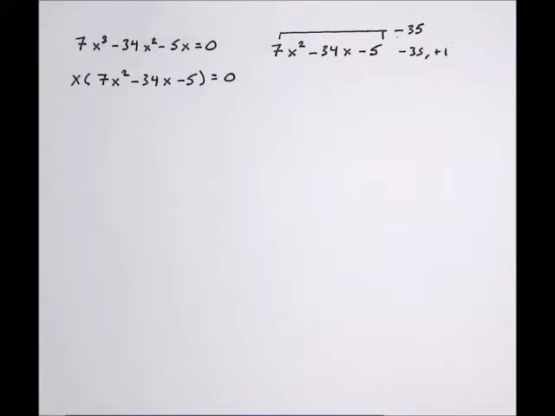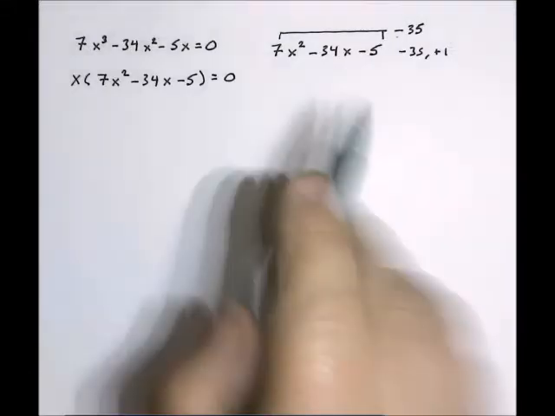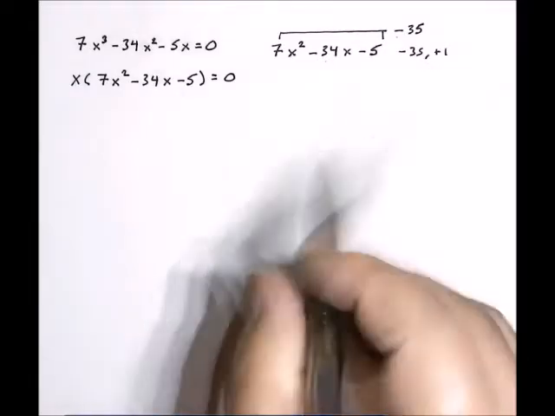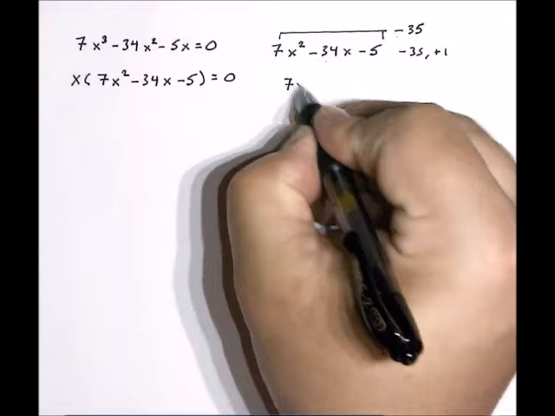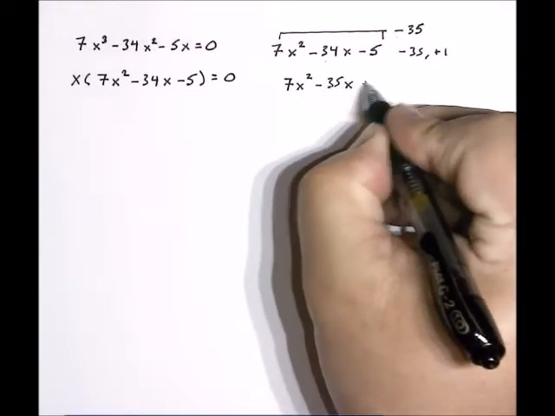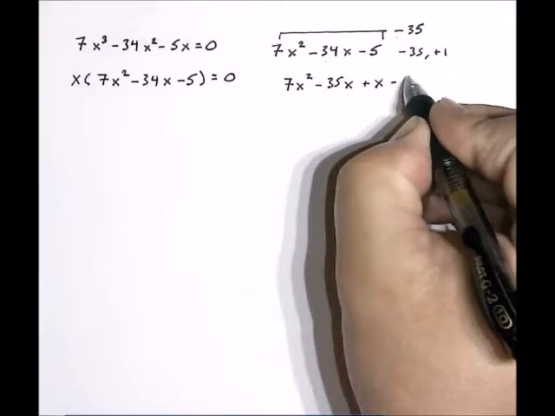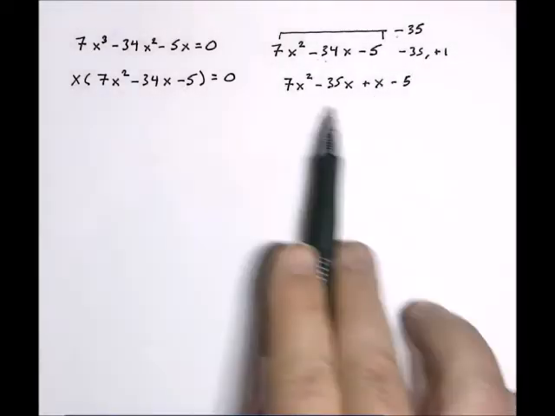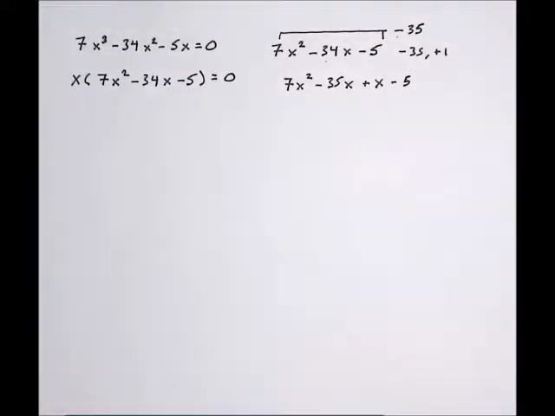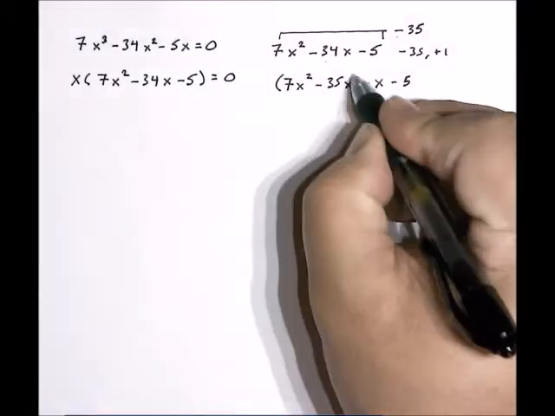So what I'm going to do now is replace this negative 34 with negative 35 and positive 1. So that's still my 34. I've just rewritten it a bit. And the reason I've done that is because now I have 4 terms and it's a factoring by grouping problem.